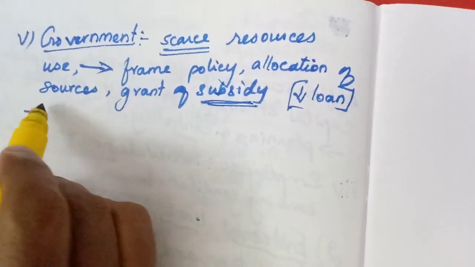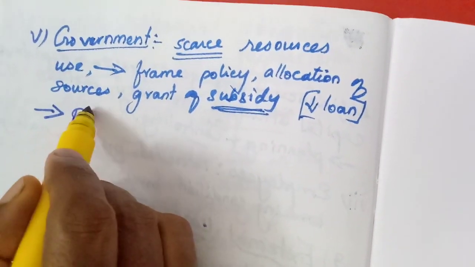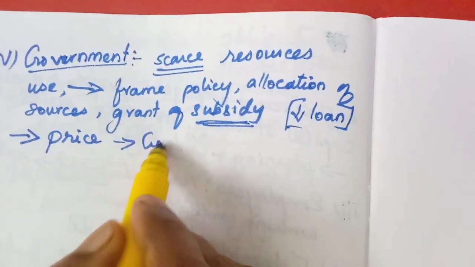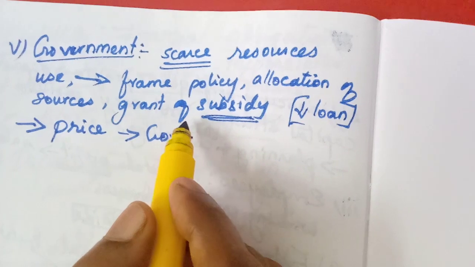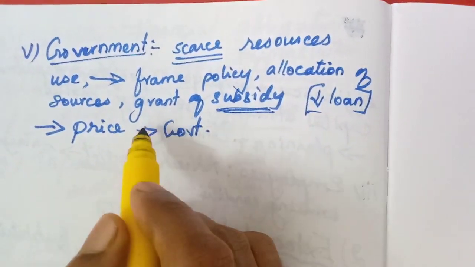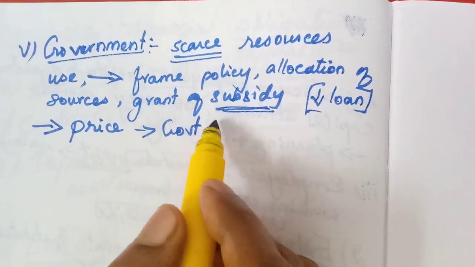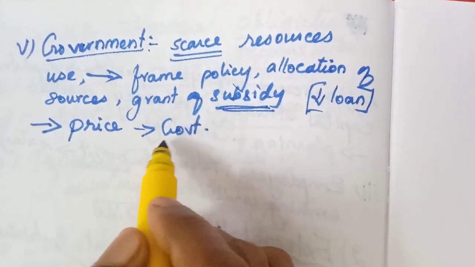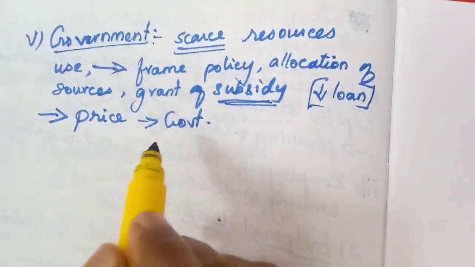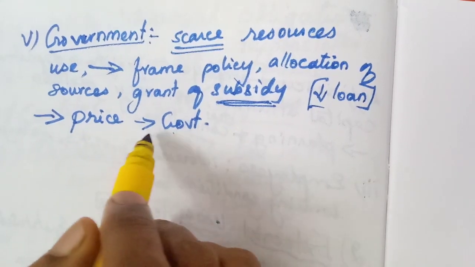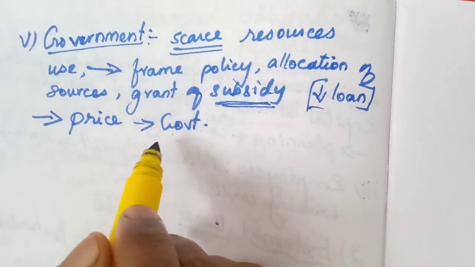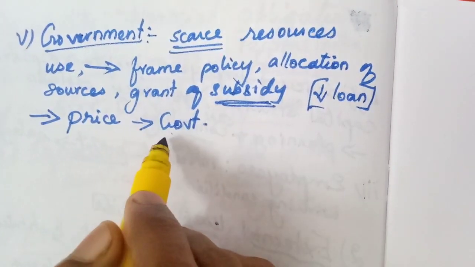Understand? Again, the price of the commodities will also be determined by the government, because private people cannot fix their price as their own wish and will. The government will interfere. If the price is more, the people may complain, isn't it? So the price will be administered, it will be controlled by the government. For this purpose also they need the financial information. Understand? Because they have to follow the government pricing policy.